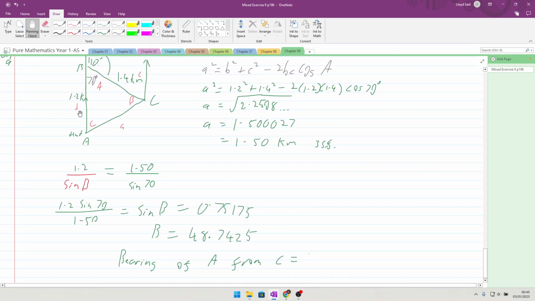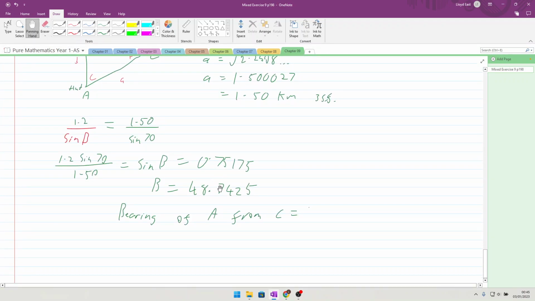what's that? That's 70 in there, isn't it? So it's 70 plus the 48, so it's going to be 360 minus 70 minus the 48.7425, which equals 241.